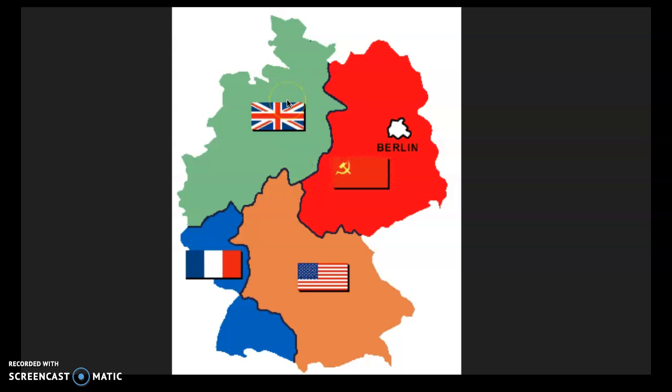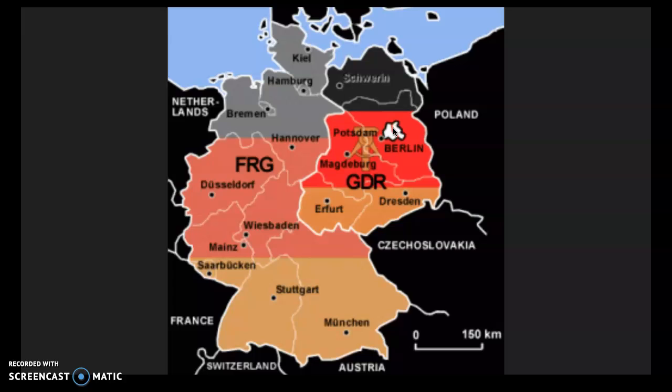This is the map of the division of Germany into four parts. Remember, the United Kingdom, France, and the US are in the western part of Germany, while the Soviet Union is in the eastern part of Germany, and Berlin is mixed into the eastern part and the communist Soviet part of Germany.